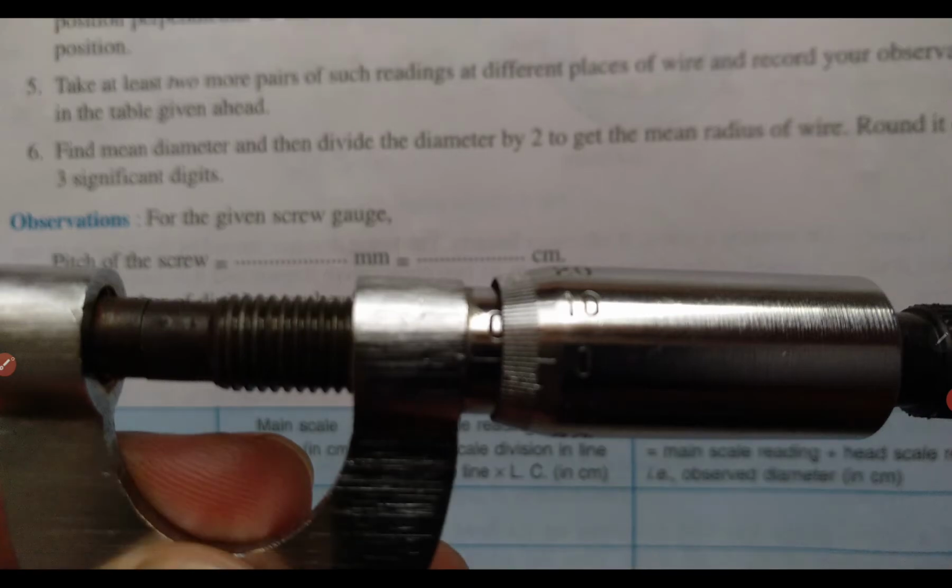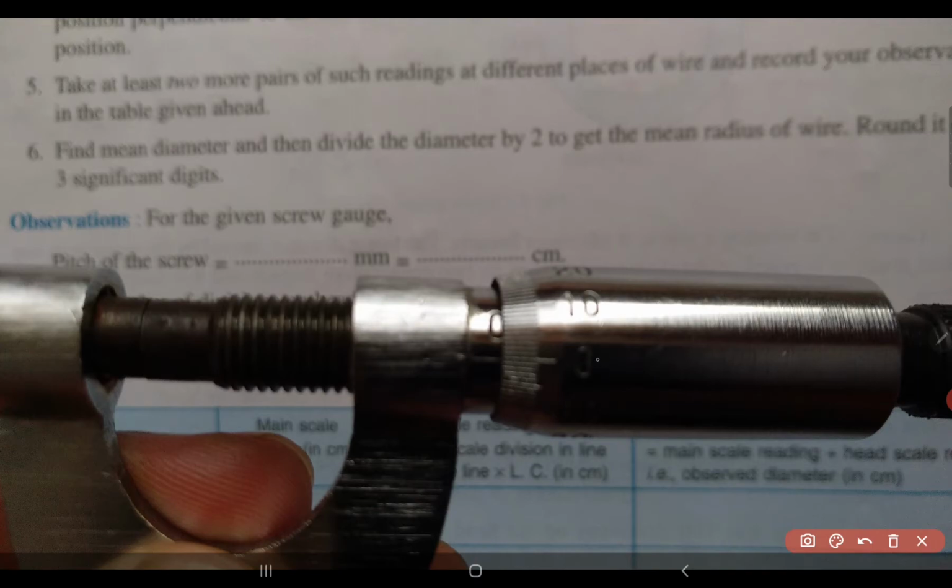It completes one rotation when the zero marking comes back to the same position after one rotation, and it moves a little bit such that it has some distance covered. Let us find how much distance is covered, because for a given screw gauge the pitch of the screw will be equal to the distance covered after one rotation.